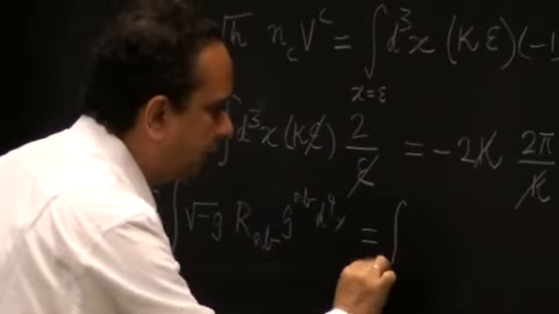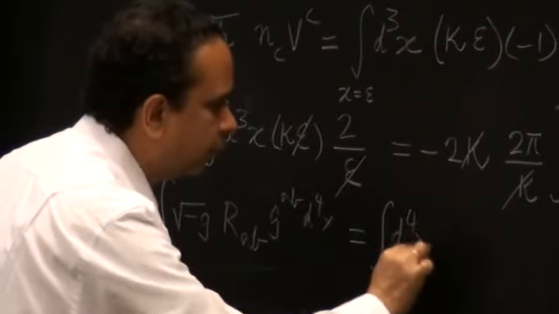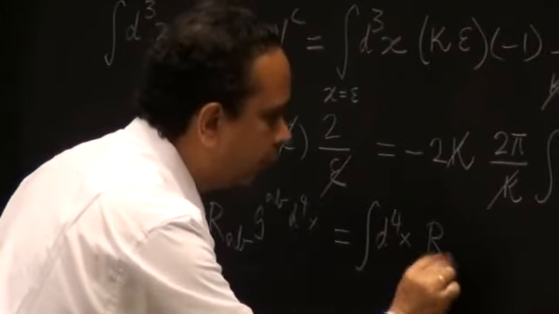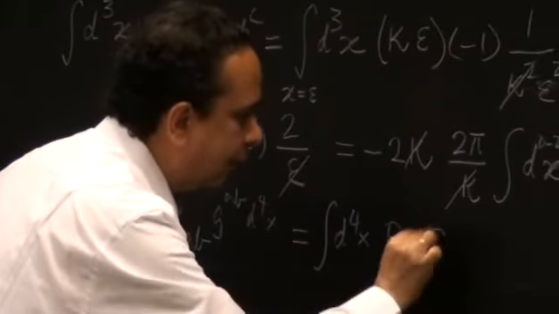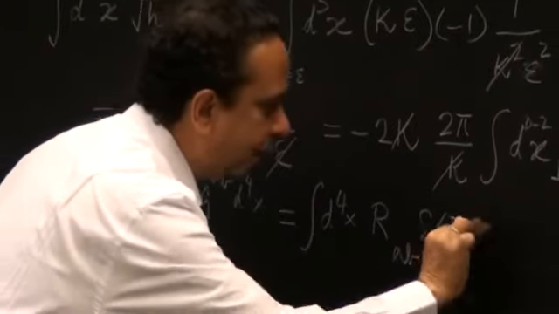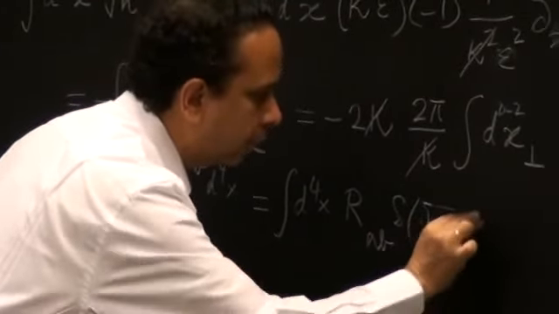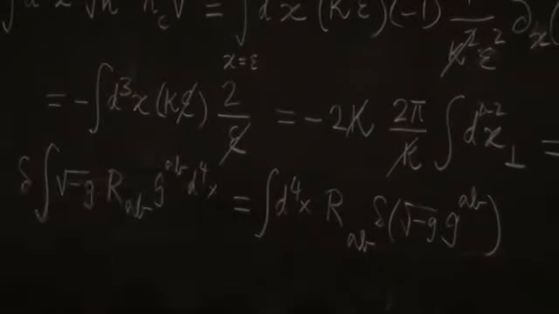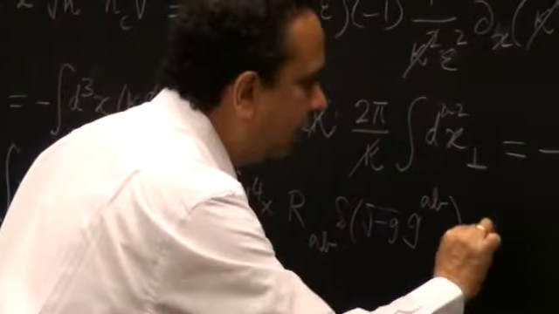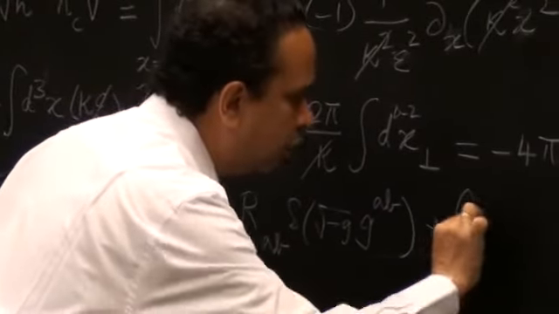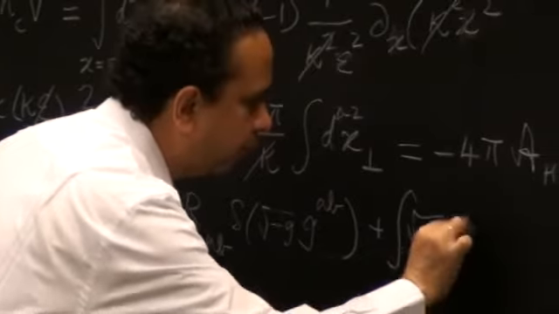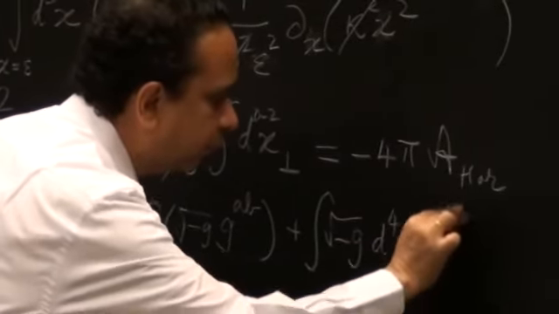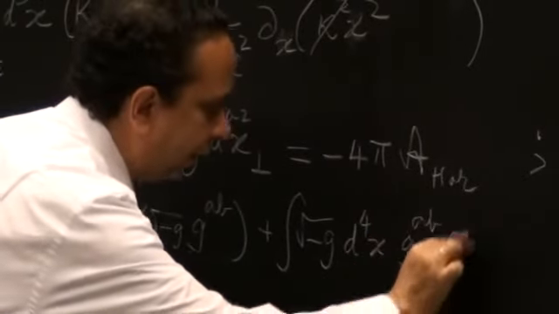You will first pick up the integral d4x R_AB delta of root minus g g^AB. This comes from the first term. Then you will have an integral root minus g d4x g^AB delta of R_AB.